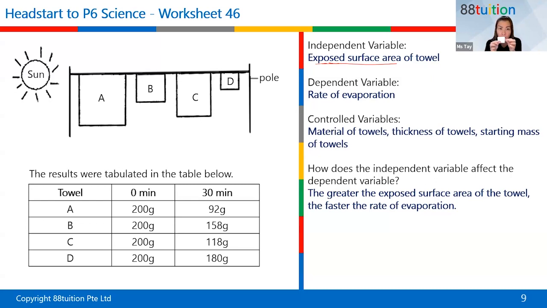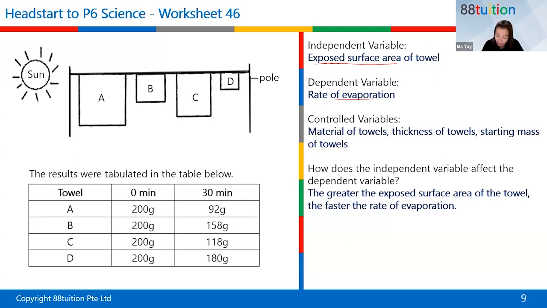It will take a long time because of the exposed surface area. It's very little now. The lesser the exposed surface area, the longer time it will take for the water to evaporate. So it's stated here already. The rate of evaporation is what we are measuring. Some people will say that it's the mass of the towel. So that is actually the measured variable.